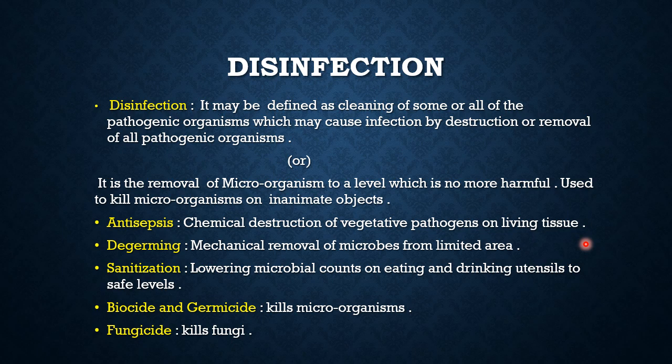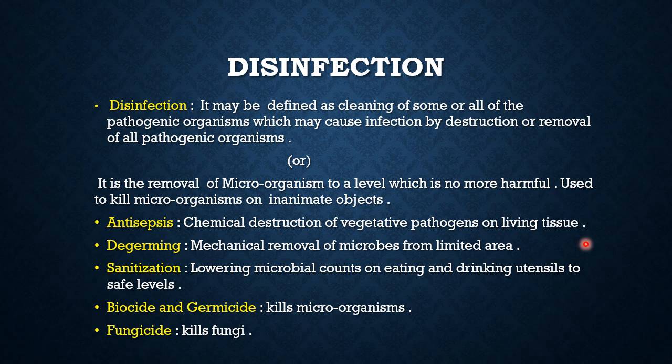These prevent infection. Apart from that, antiseptic solutions may also be used to clean mucous membranes before medical procedures such as catheterization. We are using the chemicals on the living tissues here, right? So these all are examples of antiseptics and antisepsis.